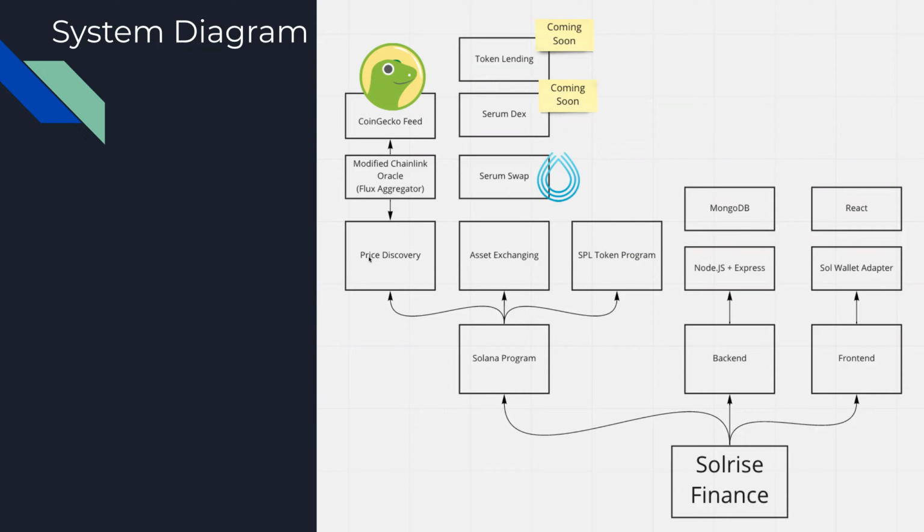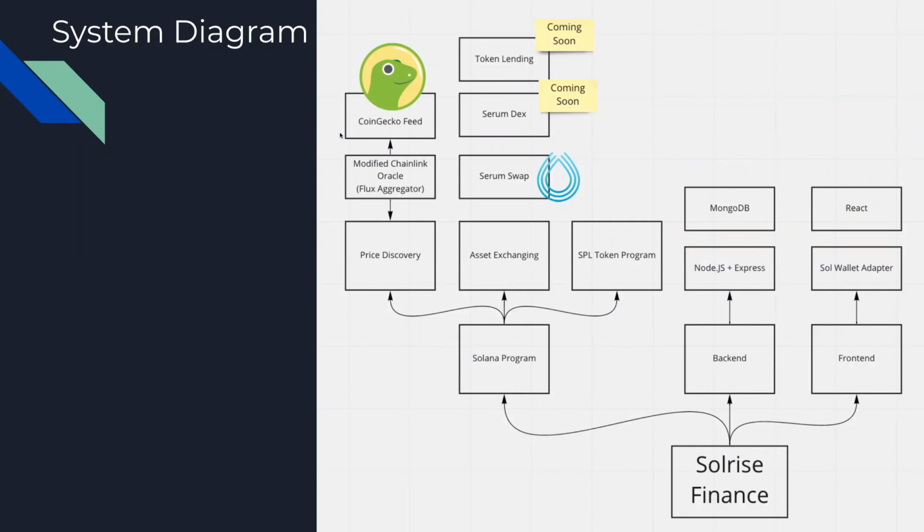Currently, we use only one price discovery mechanism, and that is the modified Chainlink Oracle or Flux aggregator that was recently developed. We've also modified that code base, and we've implemented CoinGecko feeds.